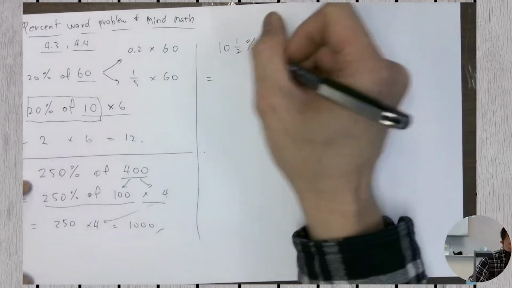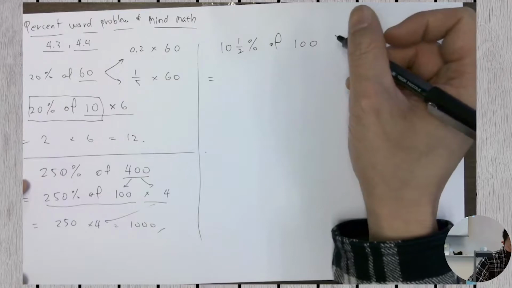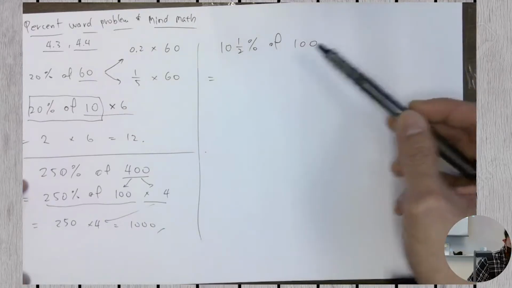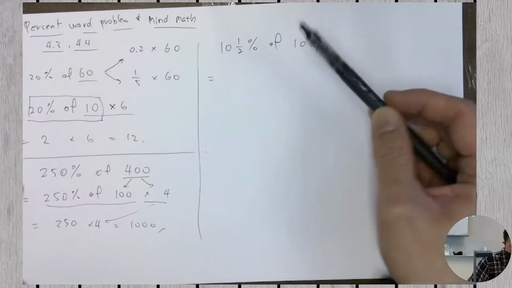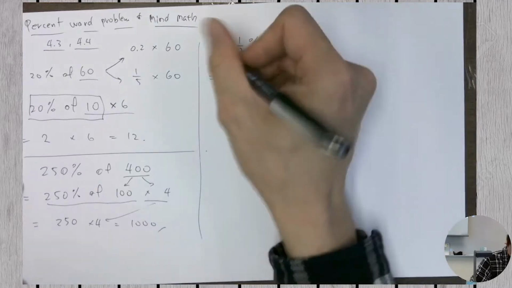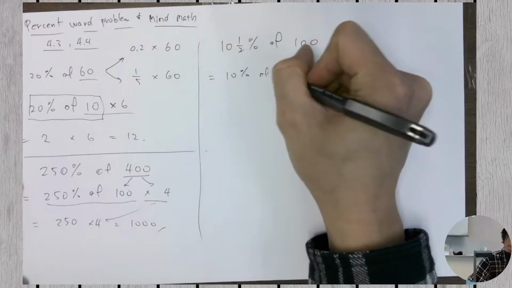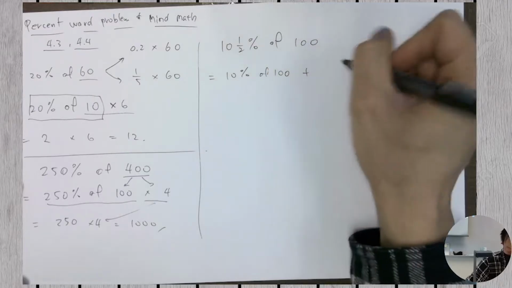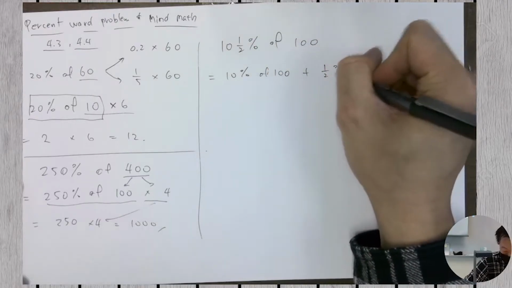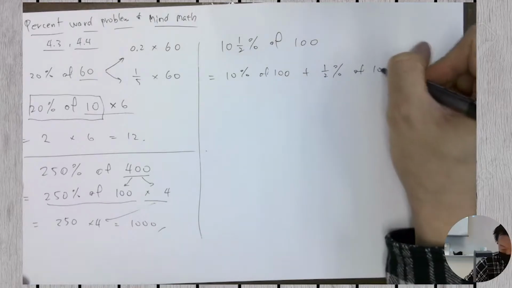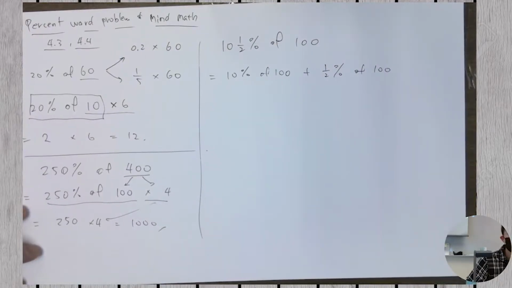Okay, so in this case, I know this is 100, so it's easy to figure out this is 10.5, but as a strategy, you can say 10% of 100 and 0.5% of 100. You break the question into two.